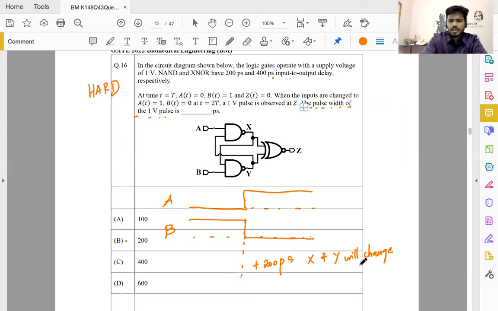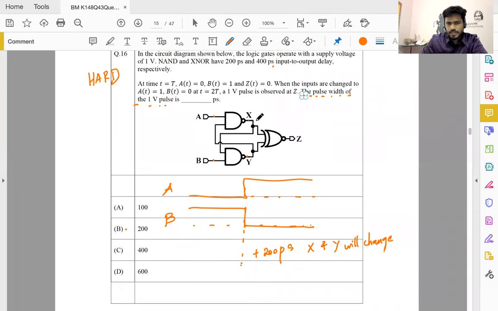And when X and Y change, notice they are fed back into the system. So plus another 200 picoseconds, X and Y will change again. This is the operation of the NAND gate.